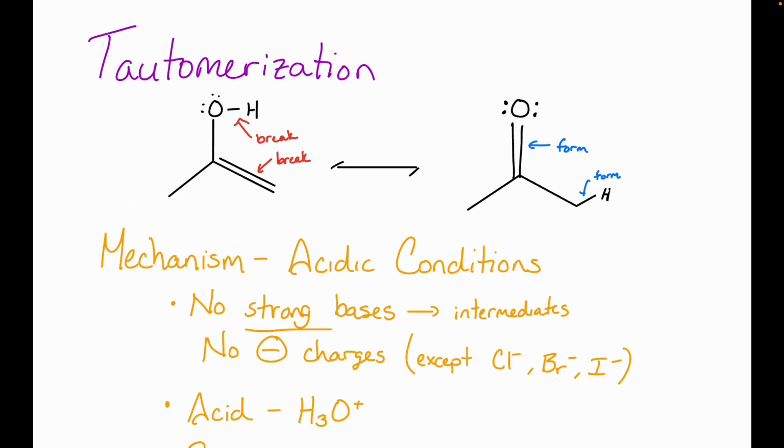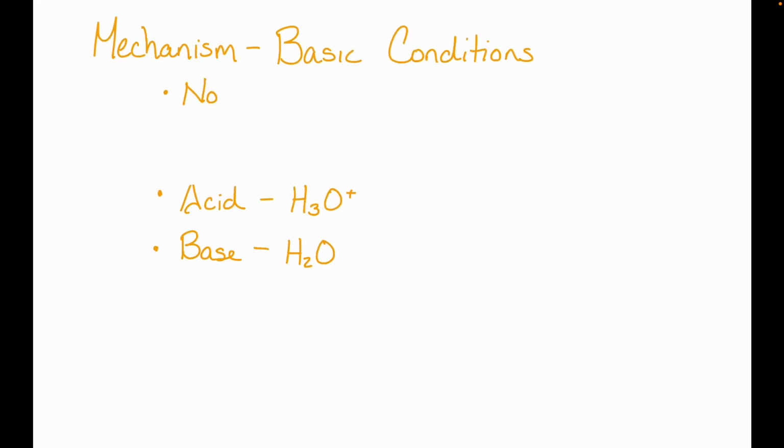We said no strong bases under acidic conditions, so I shouldn't have any strong acids. And exactly, what's the easy way to spot a strong acid? Something that's positively charged. All right, but specifically with a hydrogen on it, something like an H3O+.